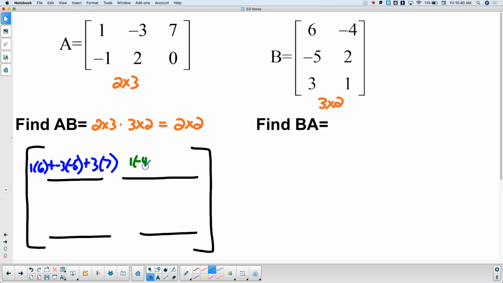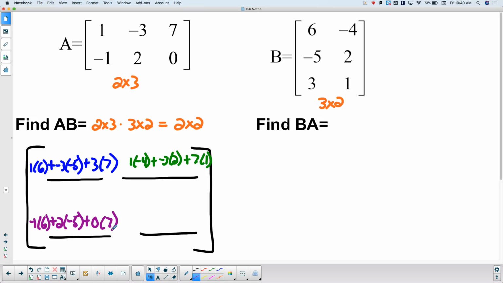Times negative 4 plus negative 3 times 2 plus 7 times 1. Negative 1 times 6 plus 2 times negative 5 plus 0 times 7.